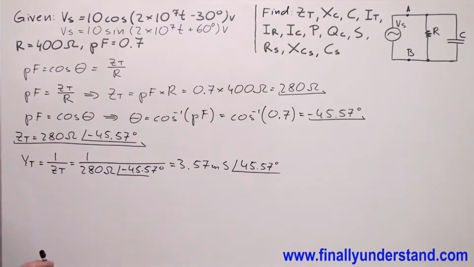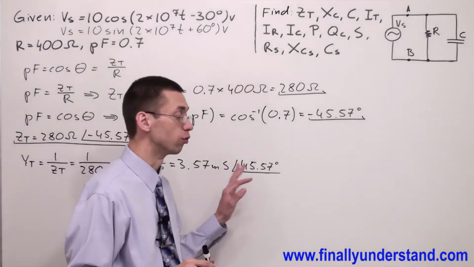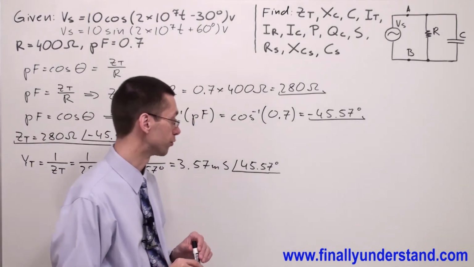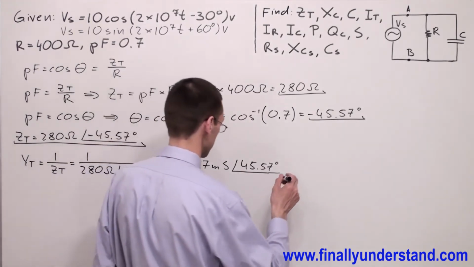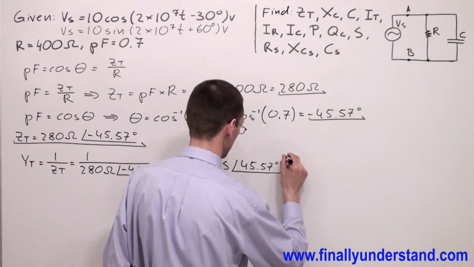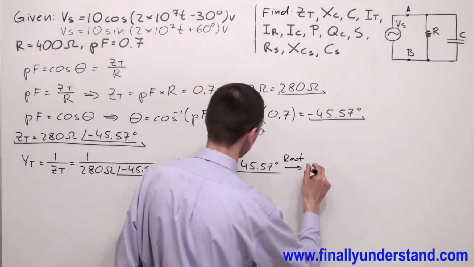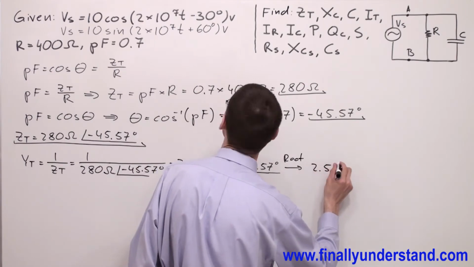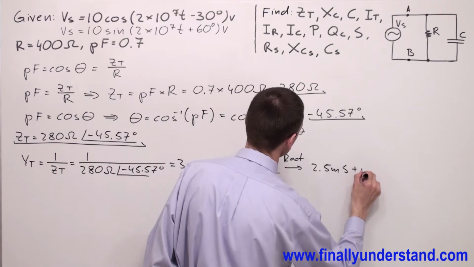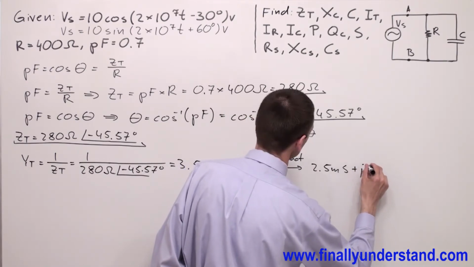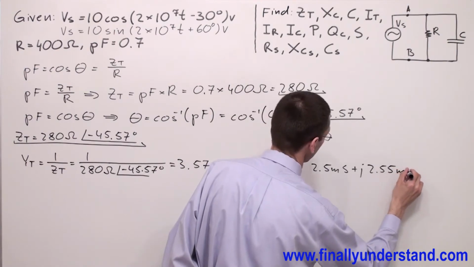Next, we're supposed to convert polar form to rectangular form in order to find conductance and the capacitive susceptance. So convert this to the rectangular form, and you're supposed to obtain 2.5 millisiemens plus j 2.55 millisiemens.